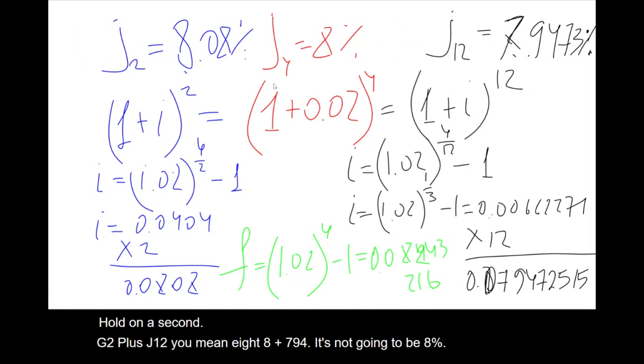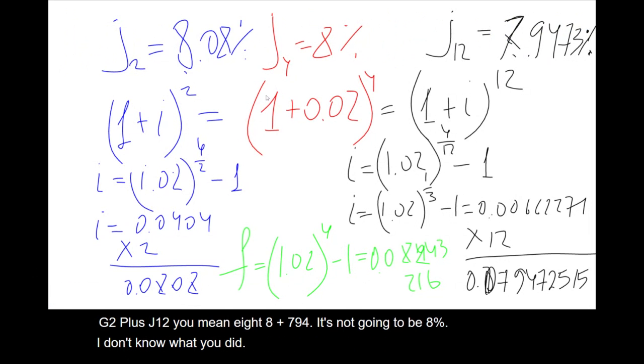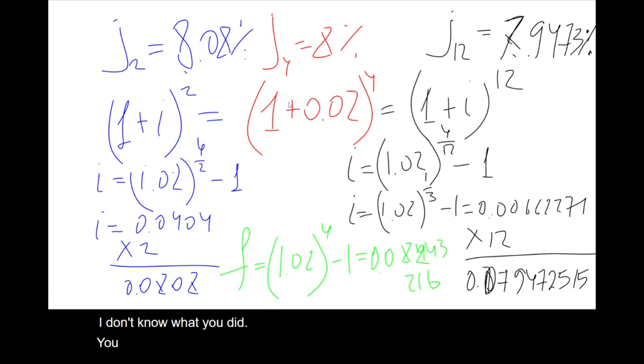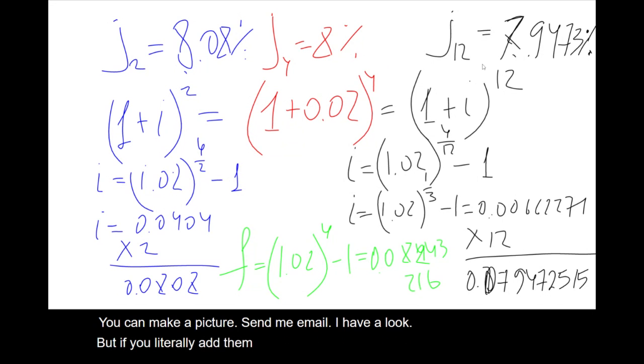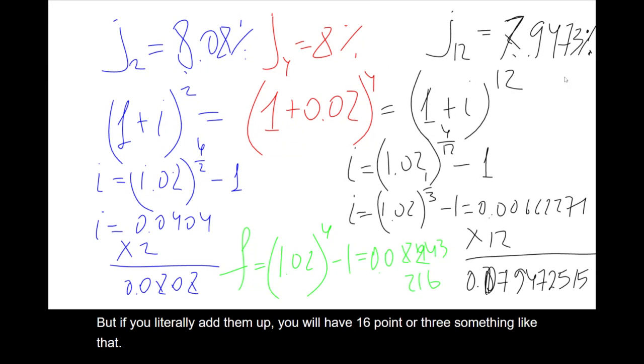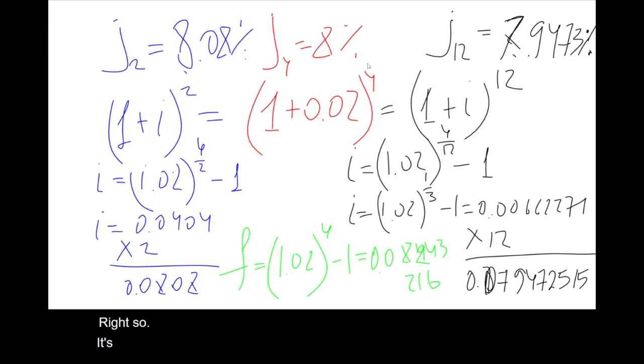I don't know what you did. You can make a picture, send me an email, I'll have a look. But if you literally add them up, you will have 16.003, something like that, right? So it's not 8. Even if you divide it by 2, that's 8.01, right?